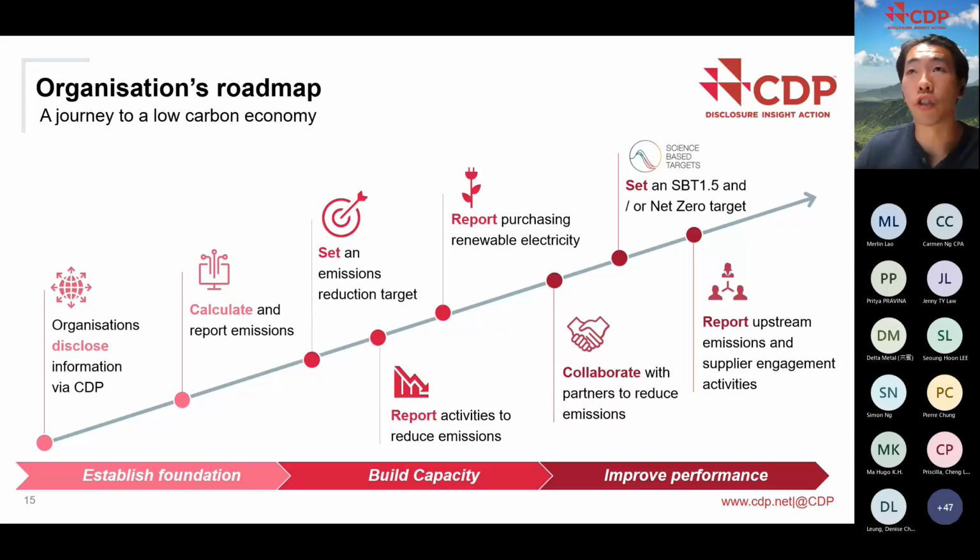Or if you have only just calculated your scope 1 and scope 2 emissions, then you may want to try to complete our C6 emission metrics module. So it really depends on your current maturity level in environmental management.